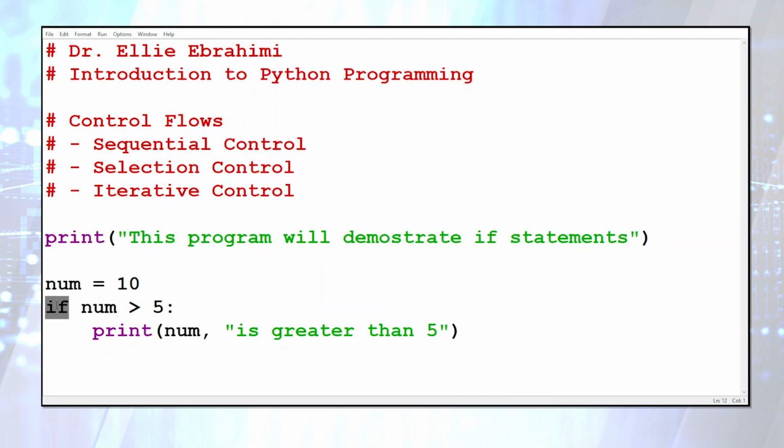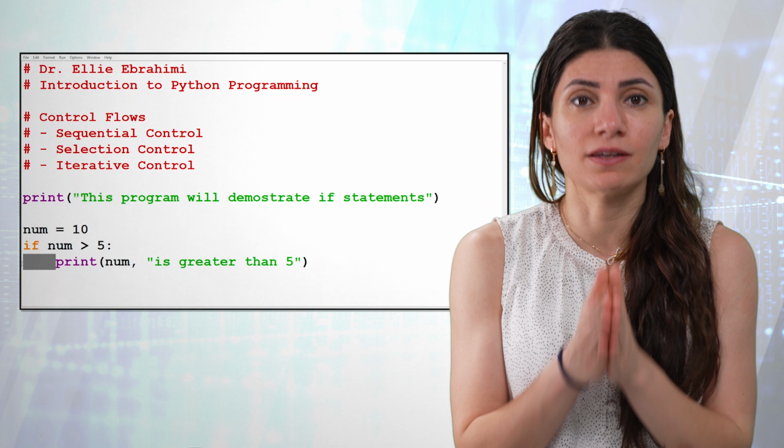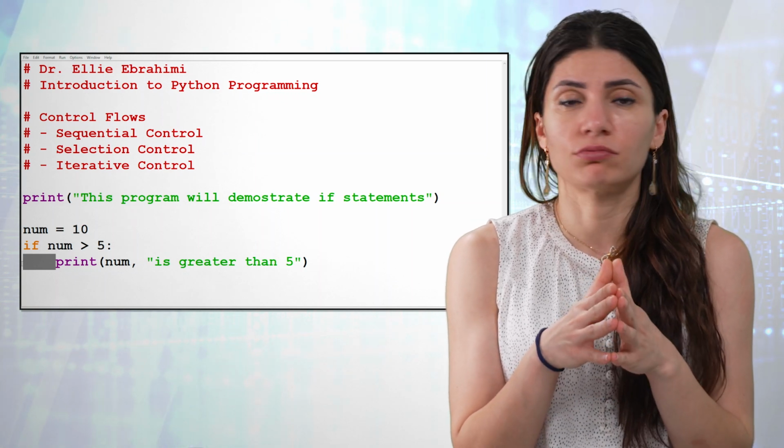So we have the keyword if, we have one condition, and we ended the header with a colon. As soon as you put that colon and press enter, Python is going to automatically put an indentation for you. The indentation in Python is significant. If you omit that indentation, it is not going to run your code.